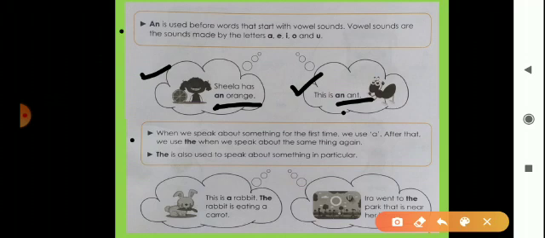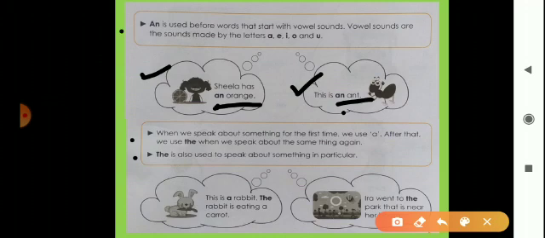But when we talk about this thing again, that time we use the. Okay. So the is also used to speak about something particular.